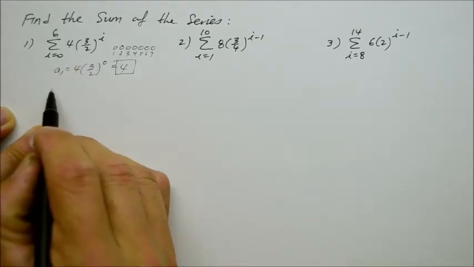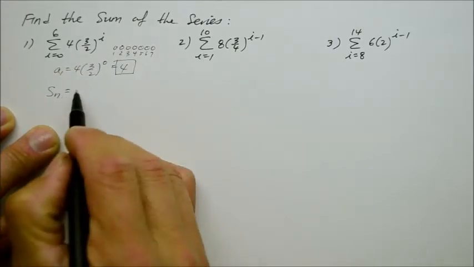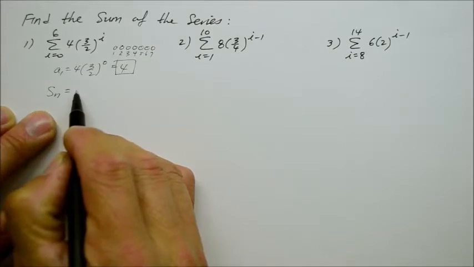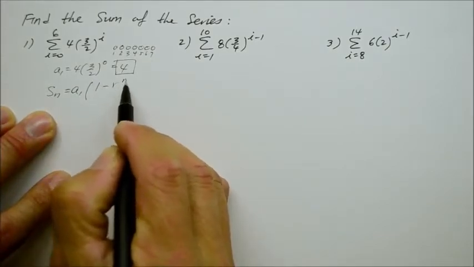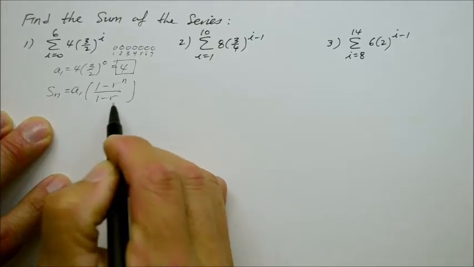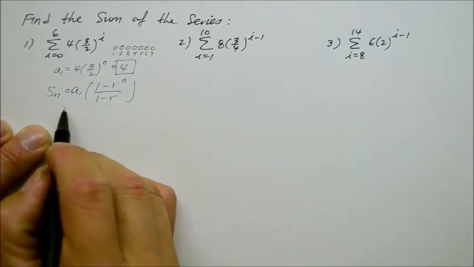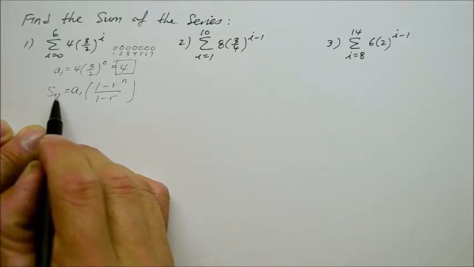All right, so here we have S sub n is equal to the first term of the series, a sub 1, times 1 minus the common ratio r to the n power, over 1 minus r. And now we have a total of 7 terms in the series.